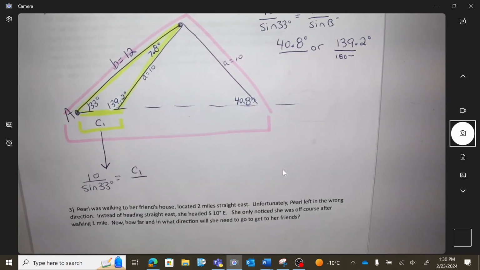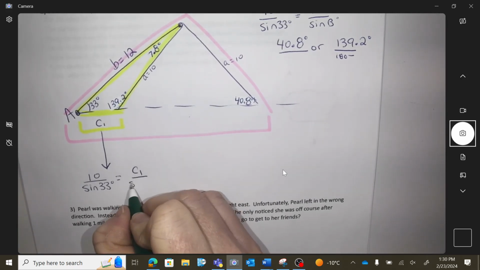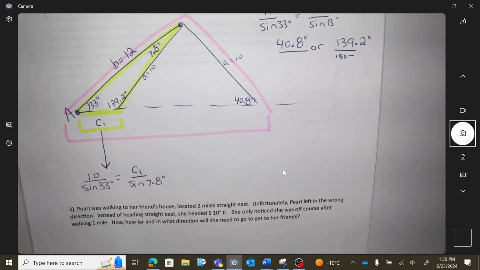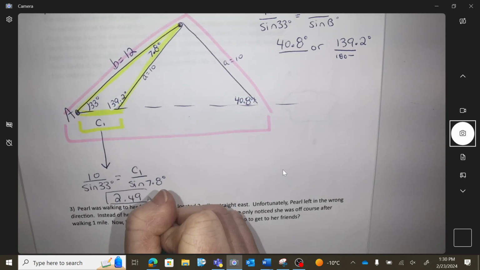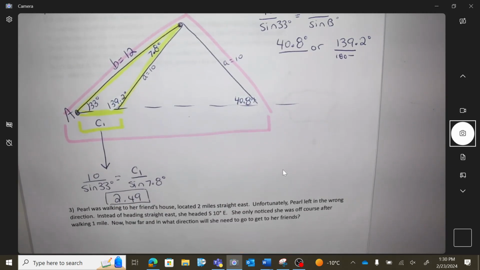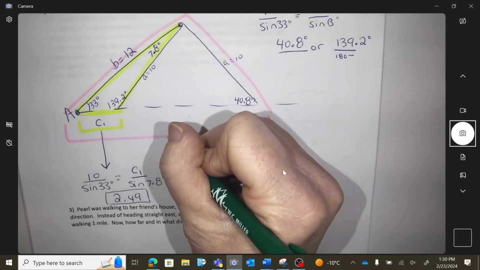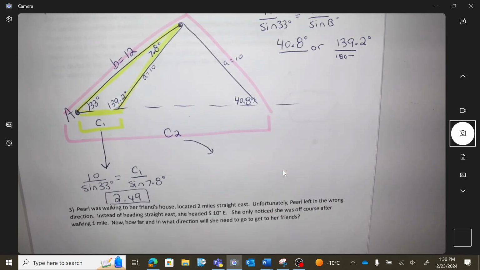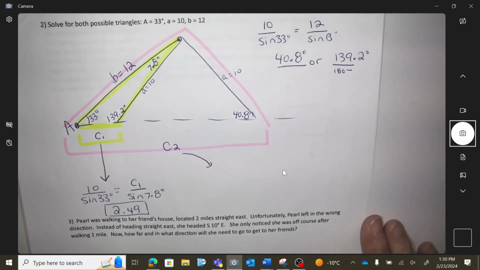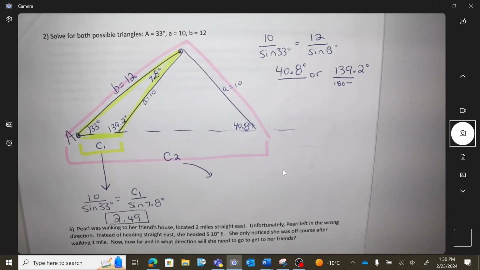I'm going to call this C1 across from 7.8 degrees. Or 2.49.